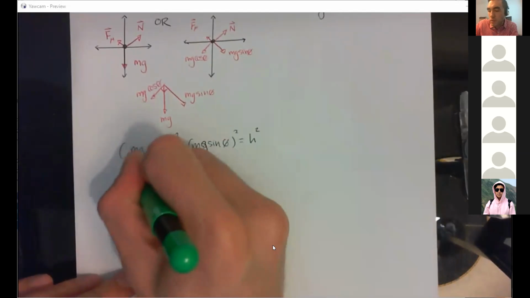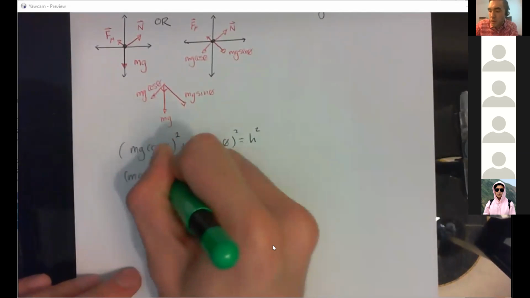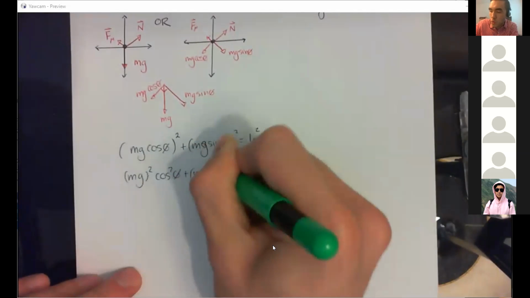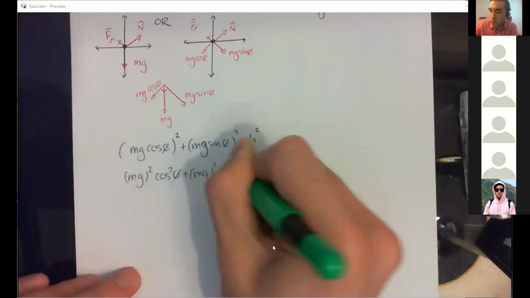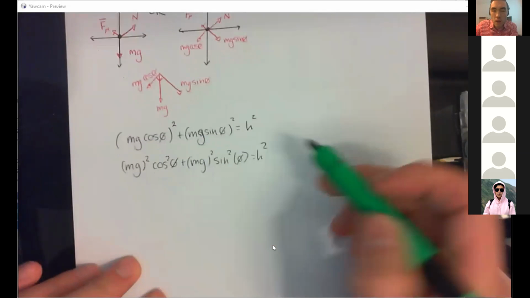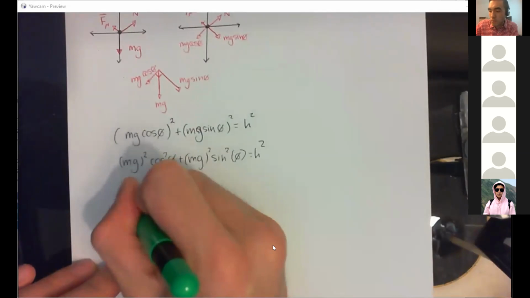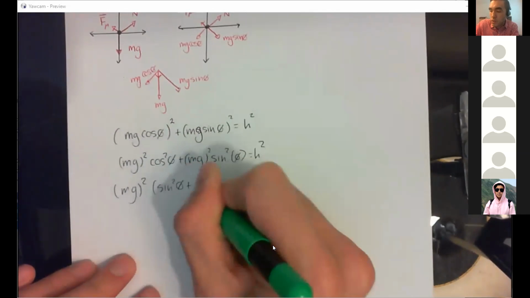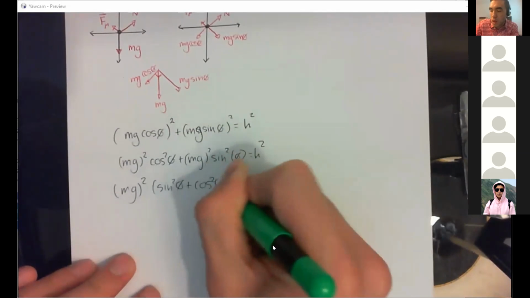This is going to give me mg squared cosine squared theta plus mg squared sine squared theta is equal to h squared. I'm going to factor out mg squared, so it's mg squared times sine squared theta plus cosine squared theta is equal to h squared.